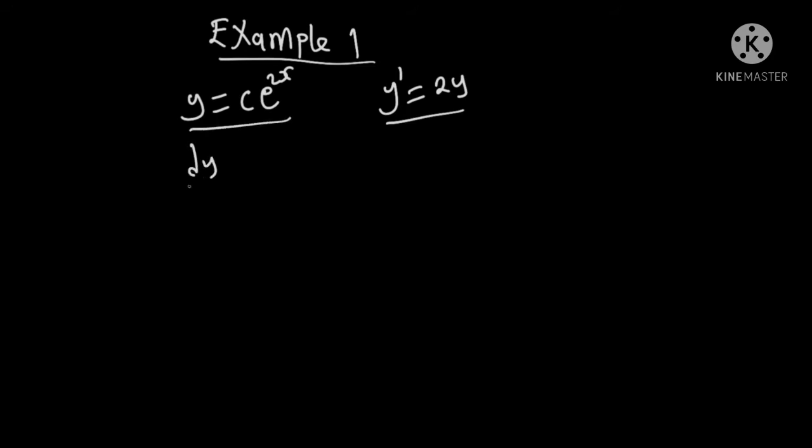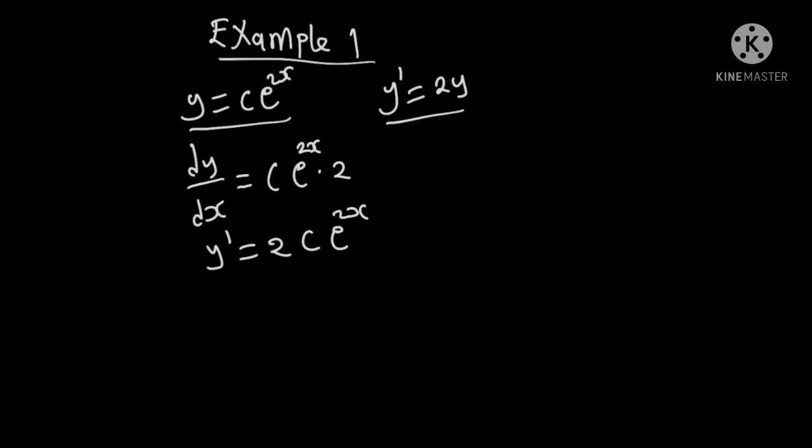So dy over dx will give us c e^(2x), then we differentiate the power of the exponent, that is, we get 2. So our y prime will be equal to 2c e^(2x).